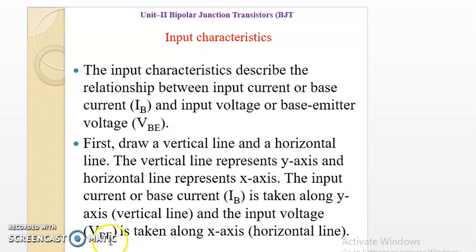Here VBE is independent and the base current, input current, is a dependent quantity. This base current depends upon the base emitter voltage, how much voltage you are going to provide. So depending upon that VBE, IB also varies. So IB is dependent and VBE is what? Independent. That's why VBE is taken along the x-axis and IB, input current, is taken along the y-axis.